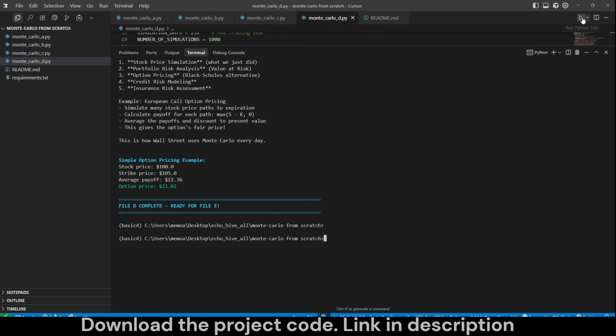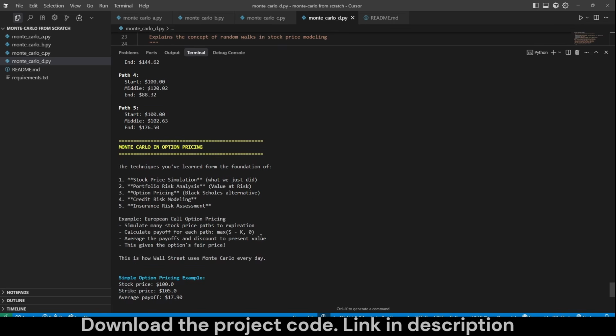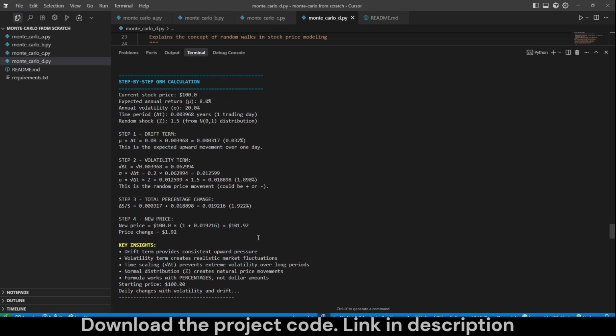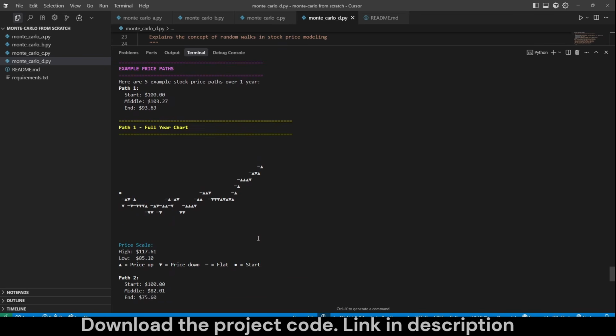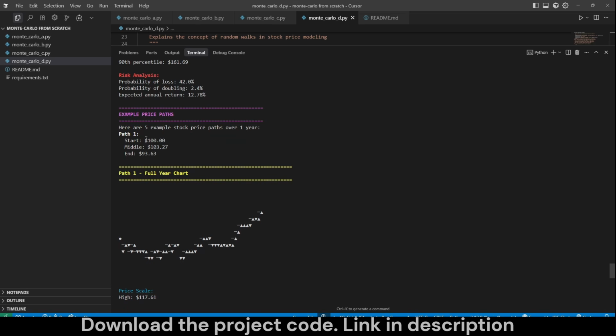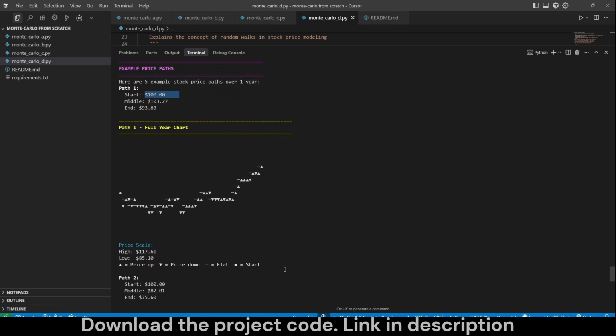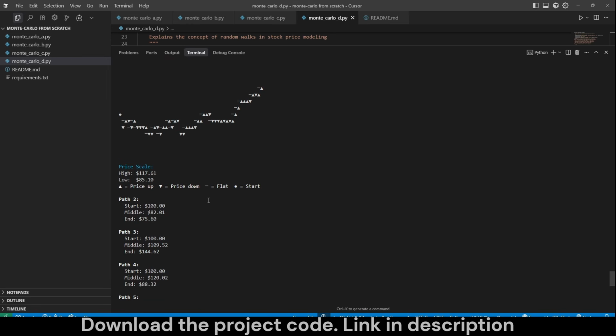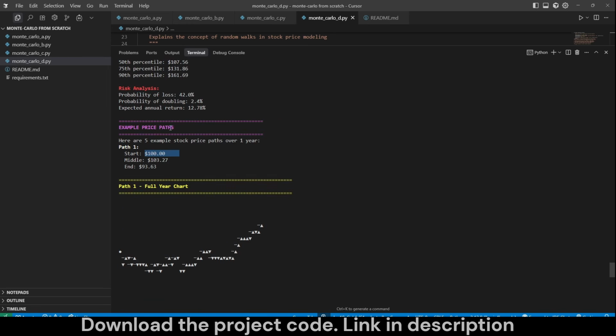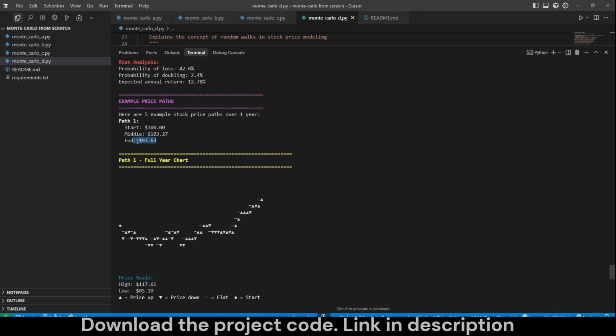Let me run this again, actually, because the terminal gets broken sometimes. Here. Yeah. So this is, for example, path 1 starts at 100. I think this is a mistake. Yeah, here. It starts at 100 and ends at 93.